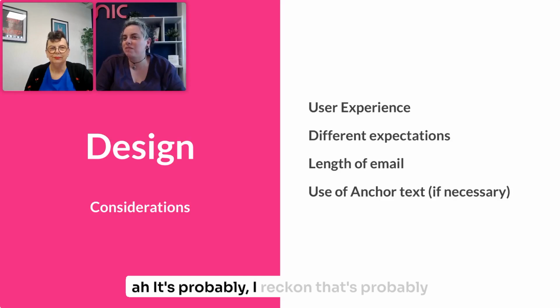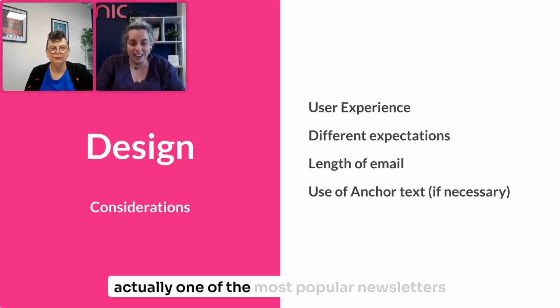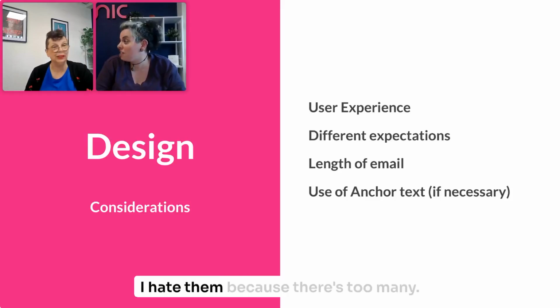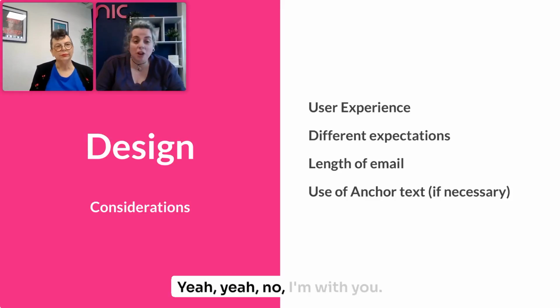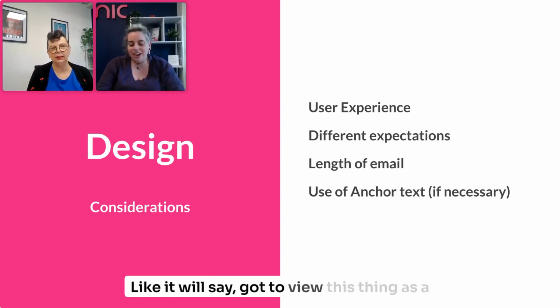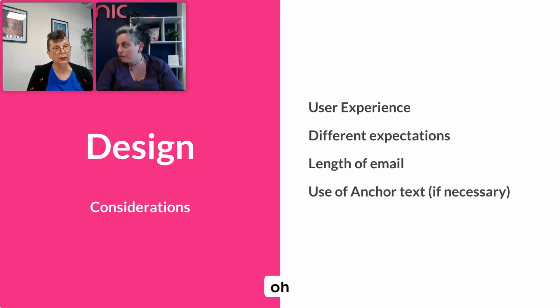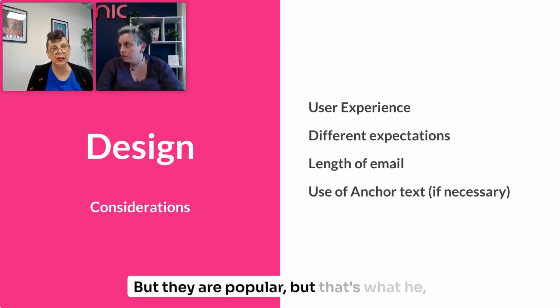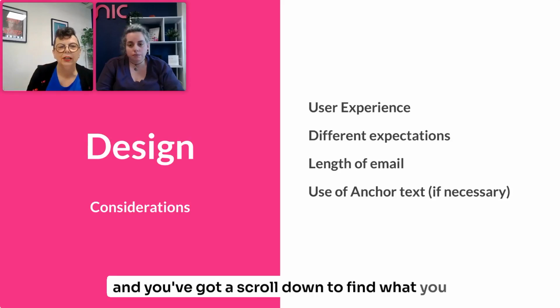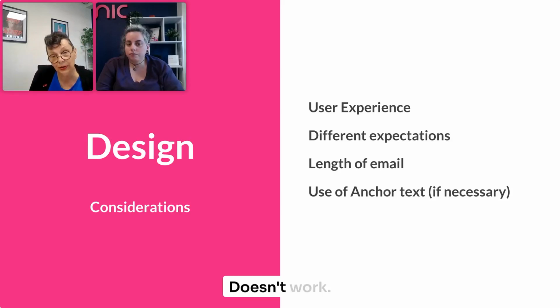I reckon that's probably one of the most popular newsletters in the UK. But my God, I personally hate them because there's too many. I'm with you. It's so big, even Gmail won't render it. It will say you've got to view this as a web page. But they are popular. Imagine if everything was written and you had to scroll down to find what you want. Doesn't work.